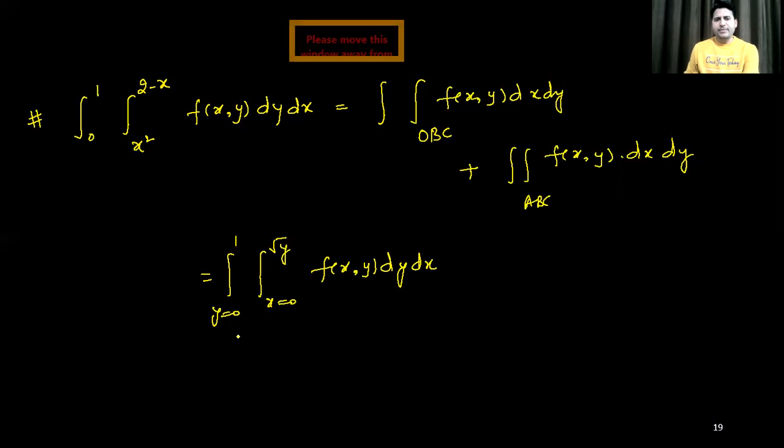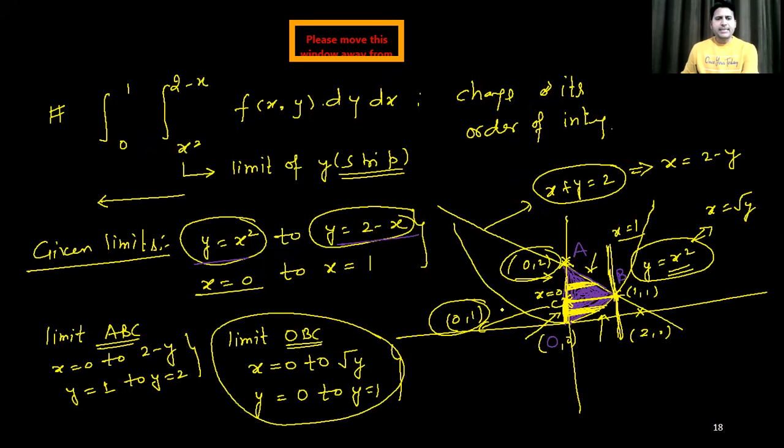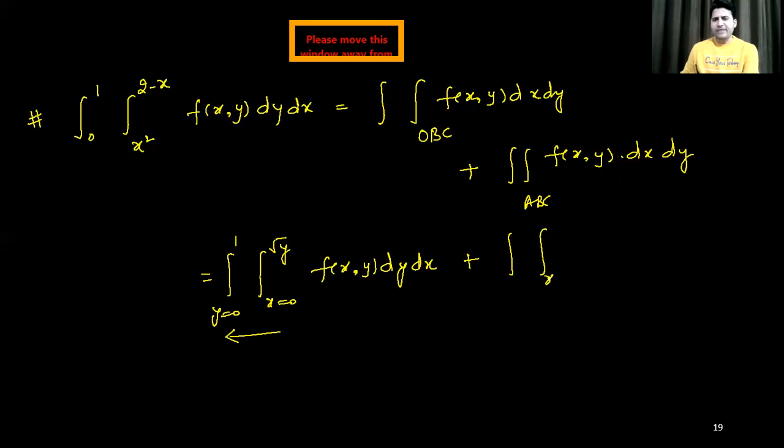The order will be changed, plus the limit for the second region ABC: x equals 0 to 2 minus y and y equals what? 1 to 2.